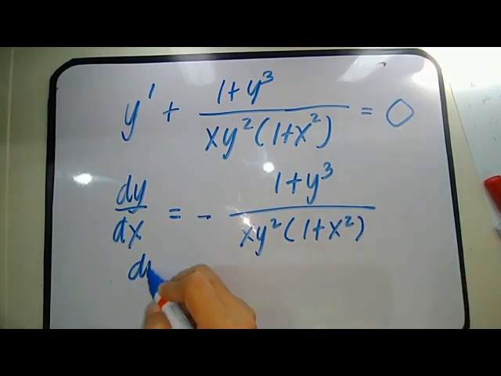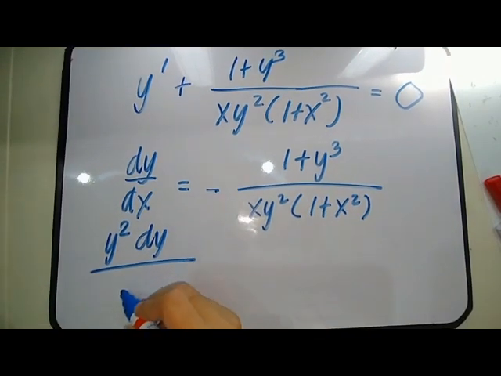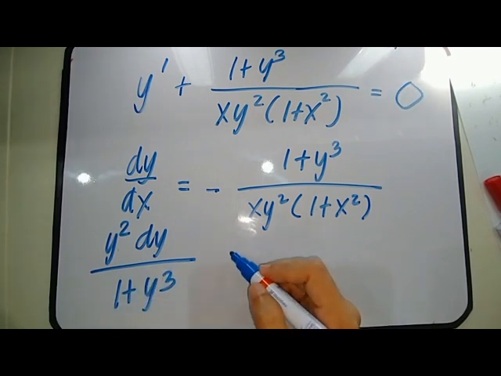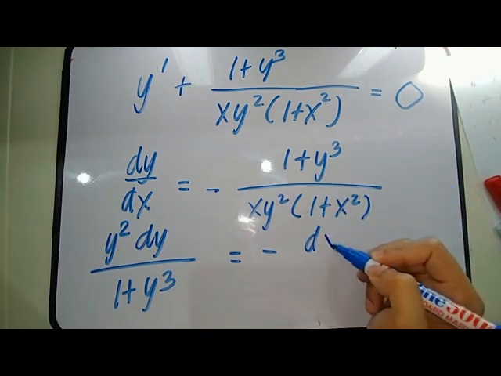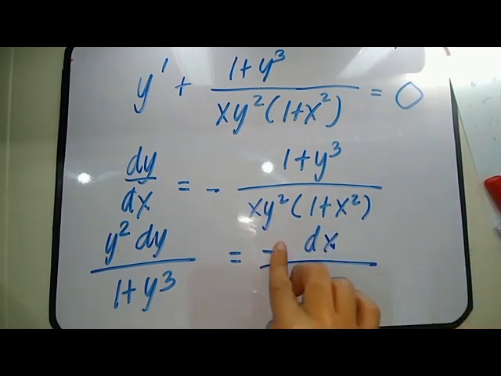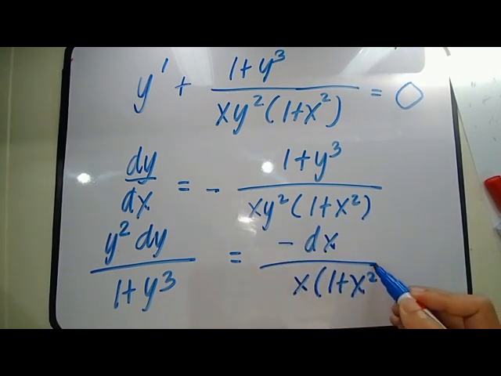So y squared dy divided by (1 plus y cubed) equals, so negative, dx naman to the other side, dx all over x times (1 plus x squared).